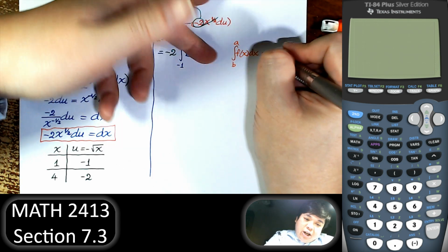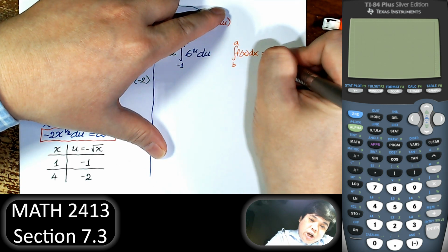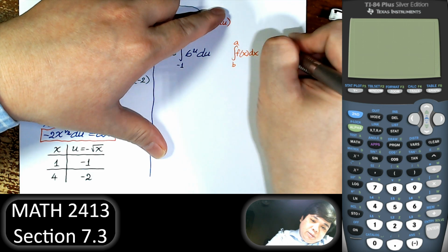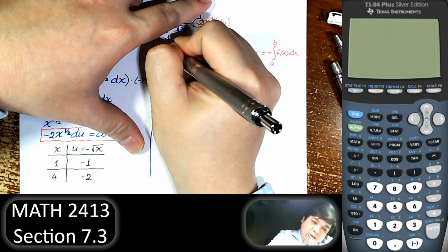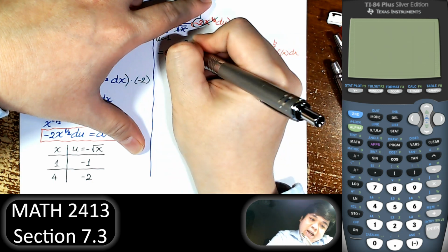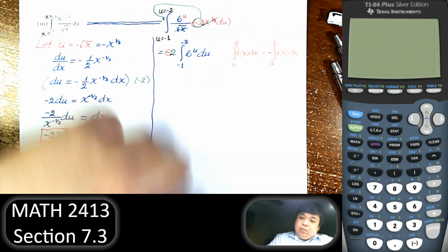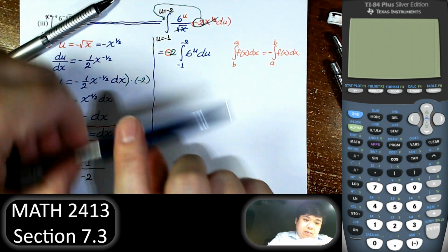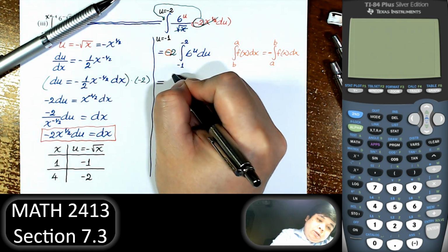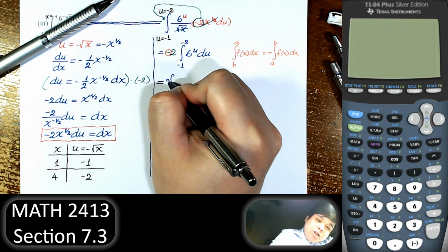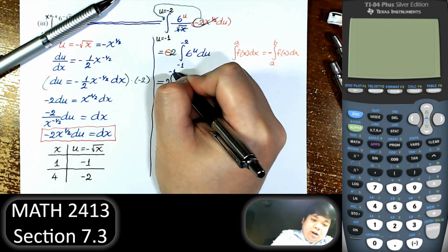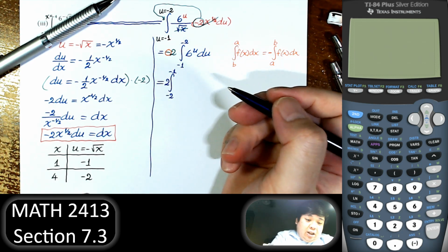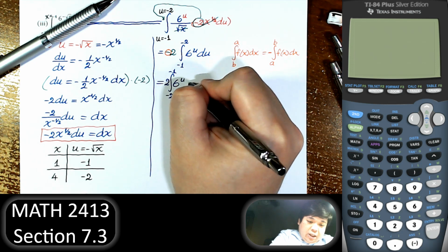If we interchange the limits, we change the sign. So there's a negative here. I will interchange the limits. So that will be just 2, but the integral will go from -2 to -1, and then 6 to the u du.